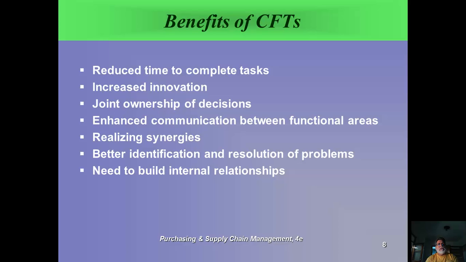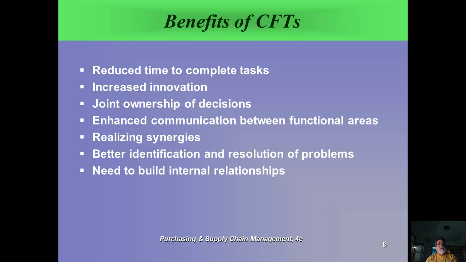Your cycle time is cut shorter. You also have more innovation. You have more ideas to share. But also you're going to have to share the rewards of innovation. And there's going to be joint ownership of decisions, joint ownership of products and other things. And you have to figure out how to deal with that. But that's what cooperation is about.